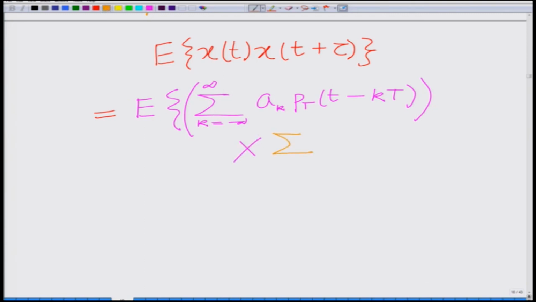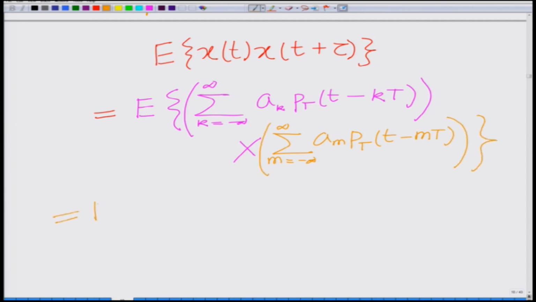So, summation m equals minus infinity to infinity a_m p(t minus mT), close the brackets.